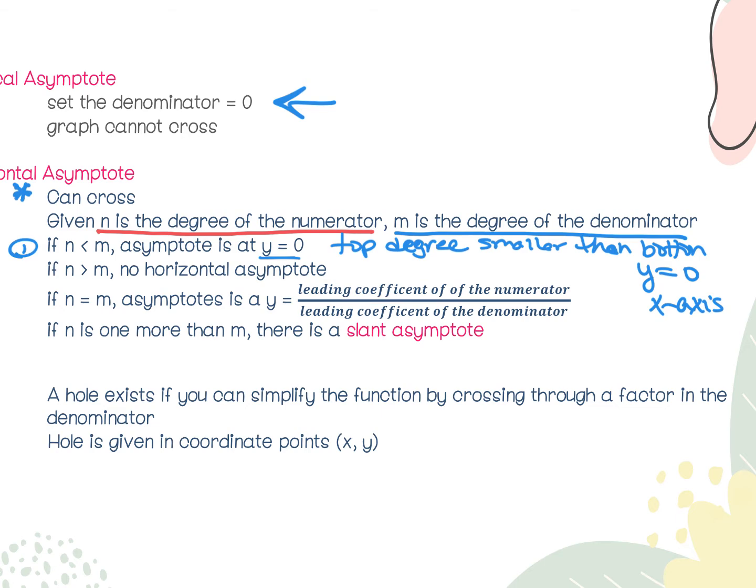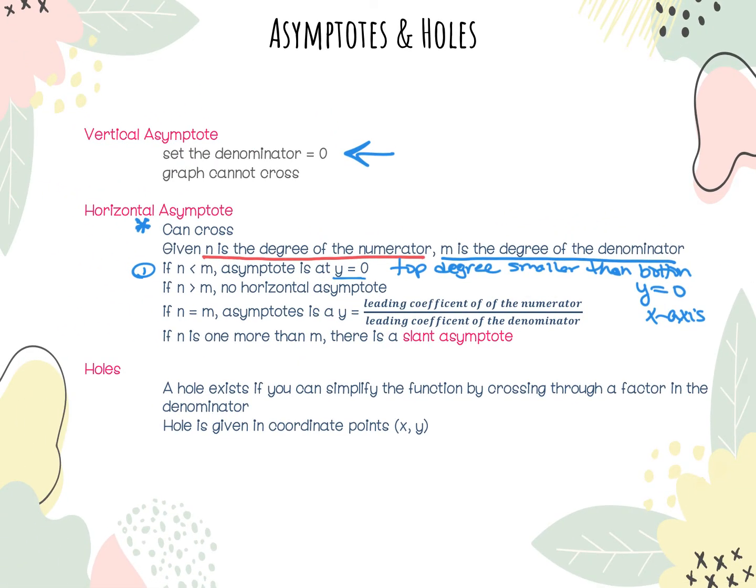The next scenario is when the top is bigger. So when the top degree is bigger, then you're going to say that there is no horizontal asymptote. However, if the top is 1 more than the bottom, then it's not going to be horizontal, it's going to be a slant.